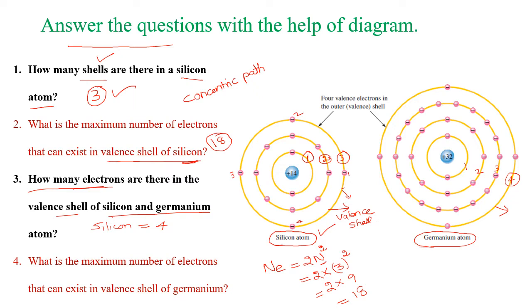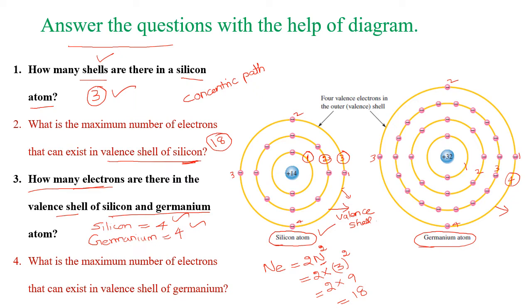Then let's come to germanium. It is 1, 2, 3, 4. So there are 4 electrons in the valence shell. Therefore, for germanium also, the number of electrons in the valence shell is 4. So the answer is 4.